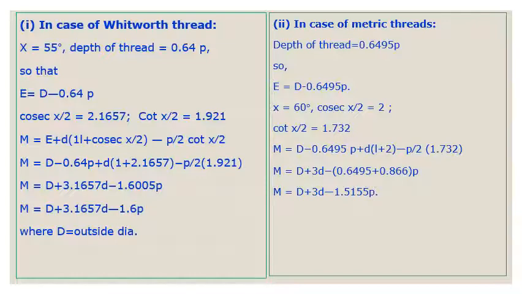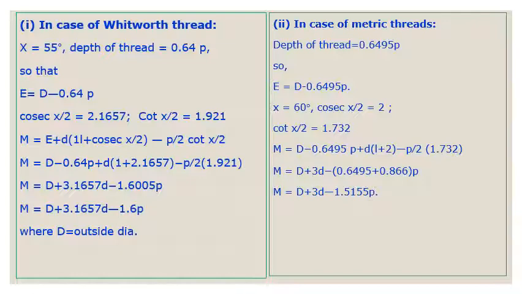Similarly, in case of metric threads, the depth of the thread is given by 0.6495 p, so E will be equal to d minus 0.6495 p. As we already know, in metric threads the thread angle is 60 degrees, cosecant of x by 2 will be equal to 2 when x is equal to 60 degrees, and cot of x by 2 will be equal to 1.732.